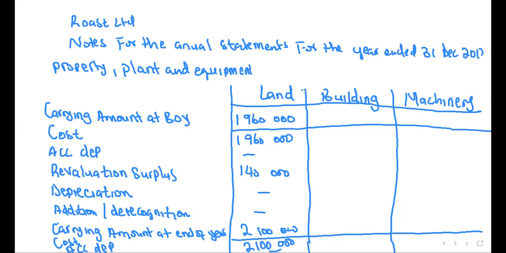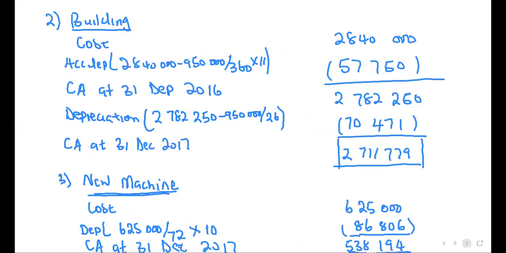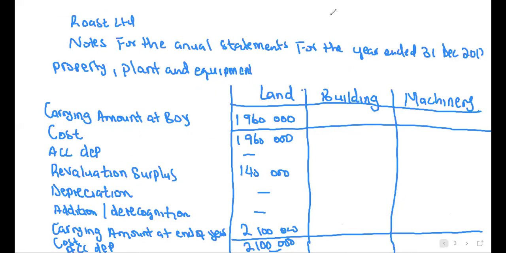Then we go and copy for the building. So after we are done with the calculation, it's copying and pasting. So the building is going to be, the cost is 2,840,000. The depreciation is 57,750. Our carrying amount, so we just go and copy this. The cost is 2,840,000.